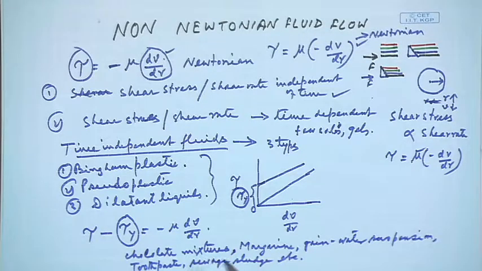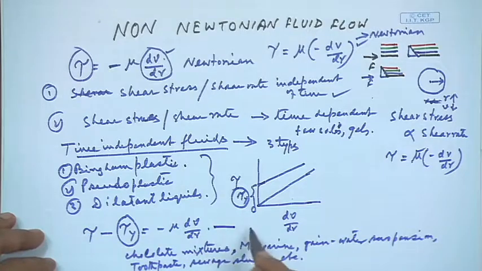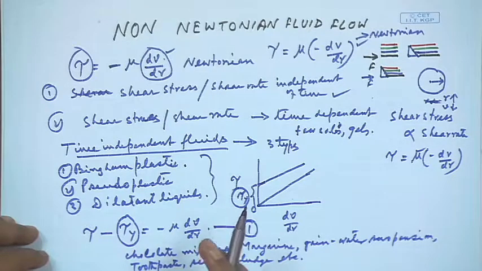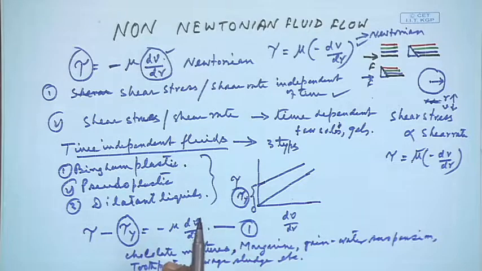The same is true with chocolate mixture, margarine, grain water suspension, sewage, etc. So it follows the relation tau minus tau y equals minus mu dV dr, which is called the shear stress versus shear rate relation for the Bingham plastic fluid.